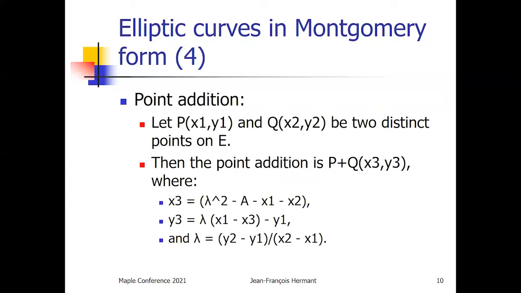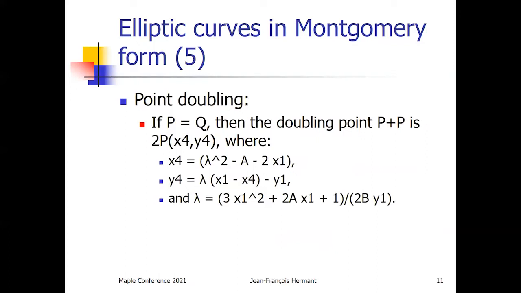Let P with coordinates x1 and y1 and Q with coordinates x2 and y2 be two distinct points on E. Then the point addition is P plus Q with coordinates x3 and y3. And these coordinates x3 and y3 satisfy these equations.